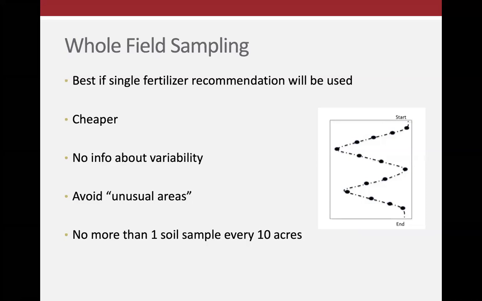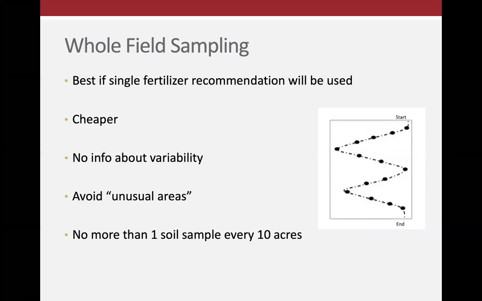Whole field sampling is best if a single fertilizer recommendation will be used. We'll get into the variable rate piece later towards the end of the semester. But if you don't have the capacity, if you're just going to go to a field and apply a flat rate of phosphorus, then doing things like zone sampling and grid sampling might not be of great advantage to you.